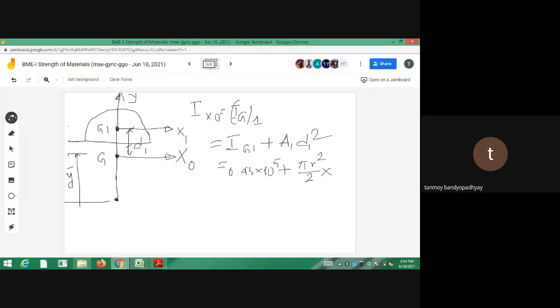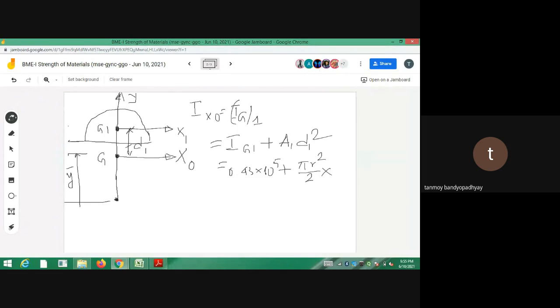So now we need this distance. This entire distance is 25, so 25 minus y bar.